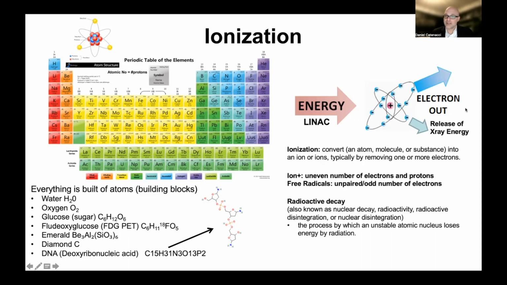In addition to this strategy, which is how external beam XRT works, another form of radiation therapy we use is radioactive decay, also known as nuclear decay or radioactivity. This is the process in which an unstable atomic nucleus loses energy by radiation. In nature, there are a number of naturally occurring radioactive atoms called radioisotopes.